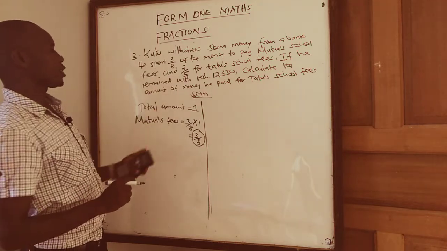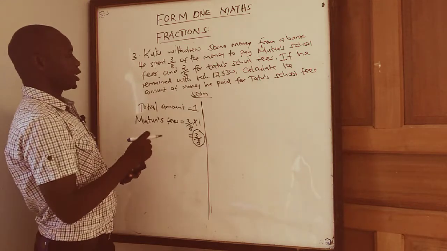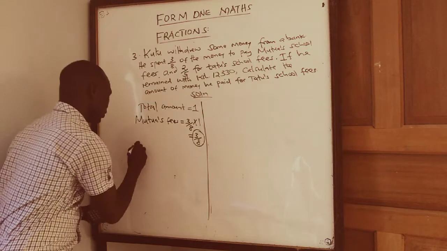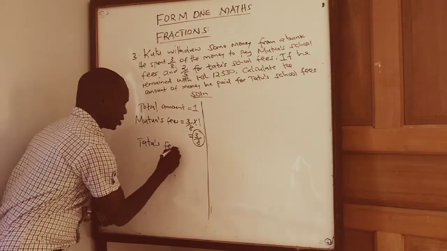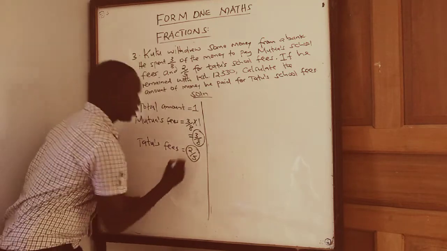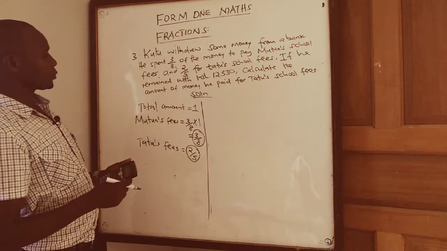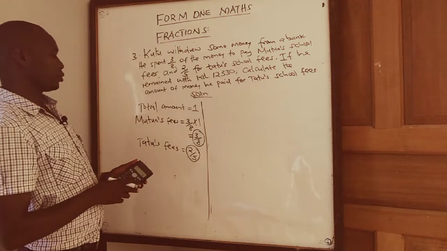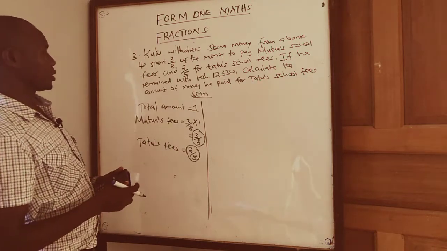Then 2/5 for Tatu's school fees. Not 2/5 of the remaining, but 2/5, and therefore Tatu's fees took exactly 2/5 of the total amount, because there is nothing like the remainder in that statement.